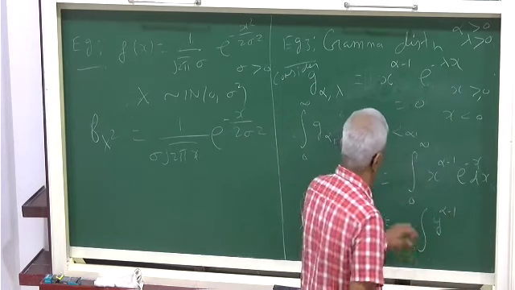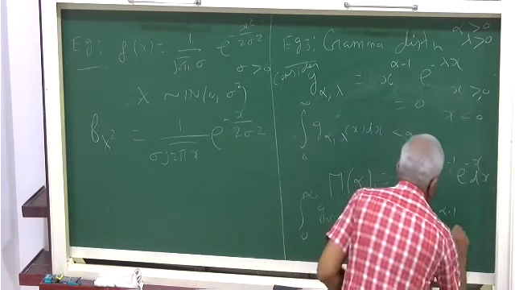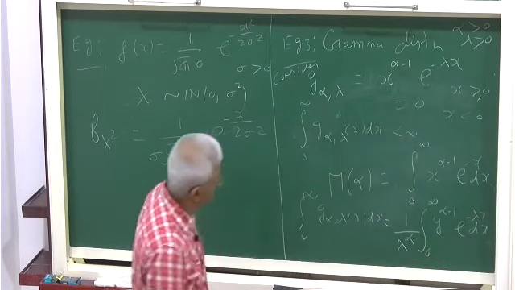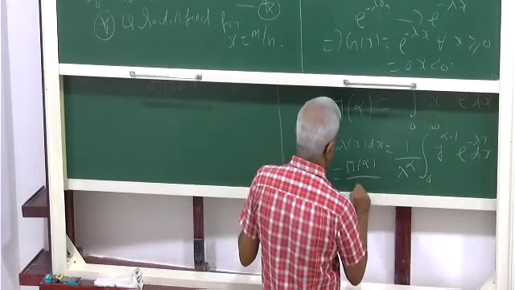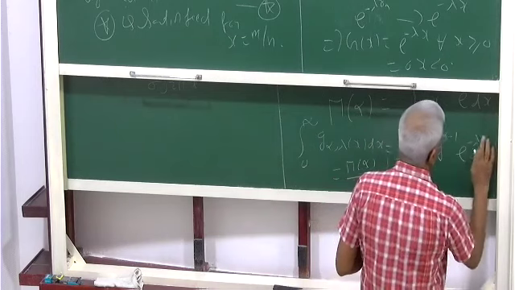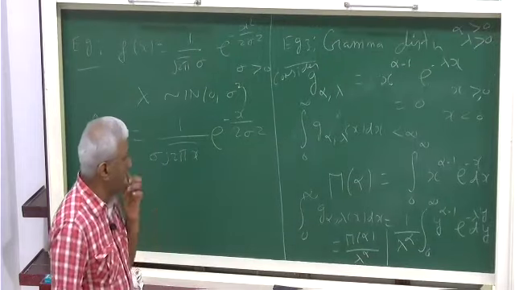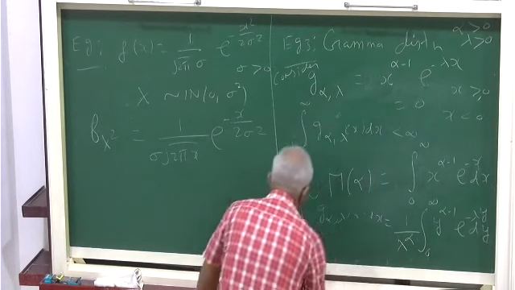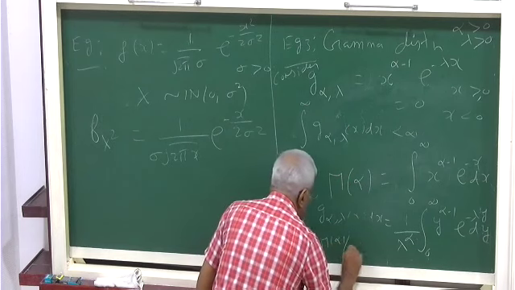Then we will get a lambda power alpha minus 1 down here, but we will get another lambda because of dx. So this is equal to gamma alpha divided by lambda power alpha.